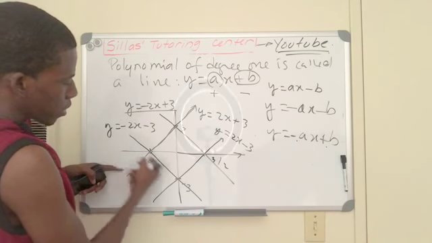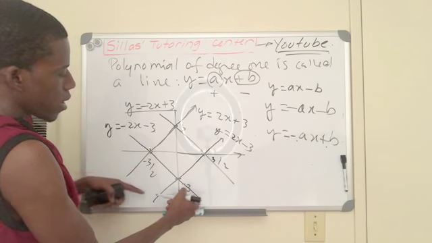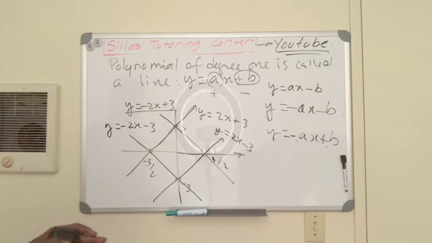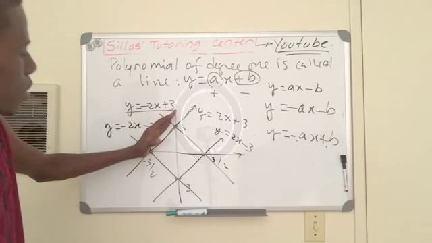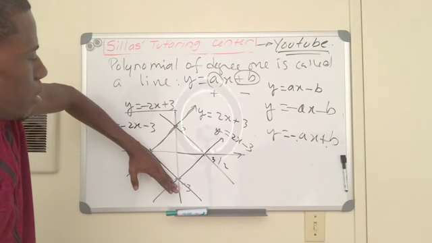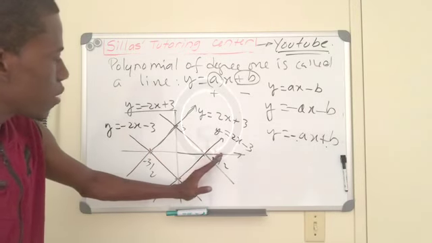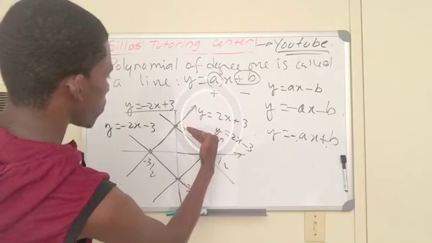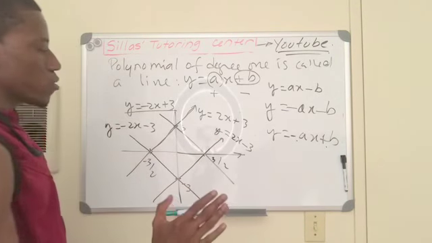Minus ax minus b, third quadrant. Ax minus b, fourth quadrant. So that's all we need to know: ax plus b, minus ax minus b, ax minus b, minus ax plus b. That's all.